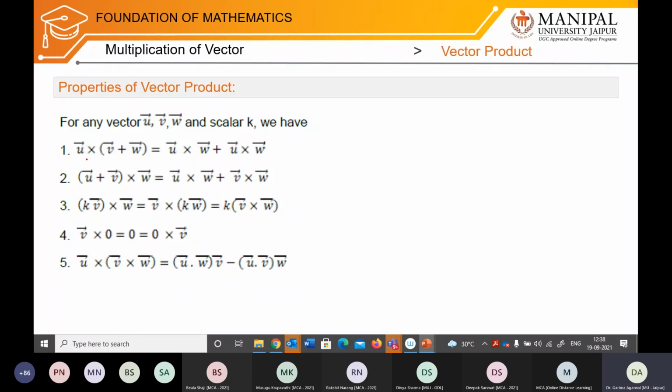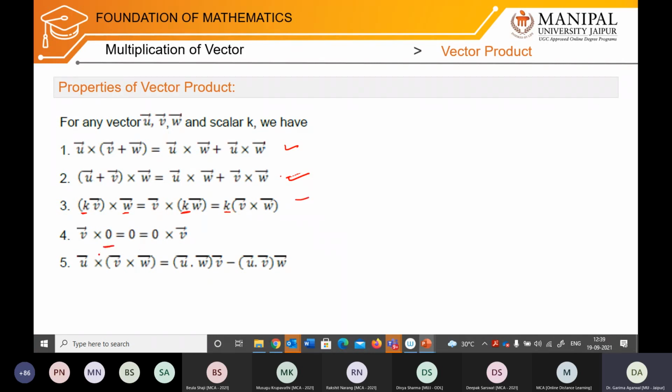Now a few properties of vectors. u cross (v plus w), that is the distributive law. These two are the simple distributive laws. If k is any constant, or I should say any scalar, then we can shift this k with w, or we can take it out with v and w, the cross product of v and w.